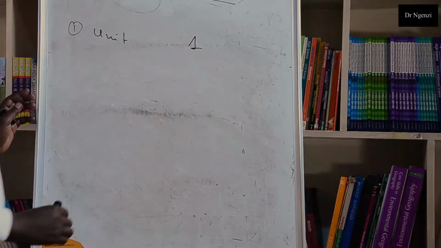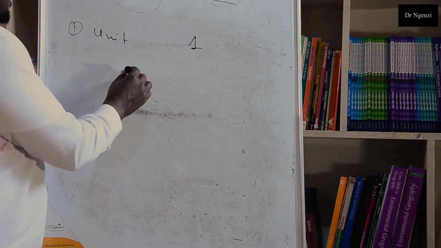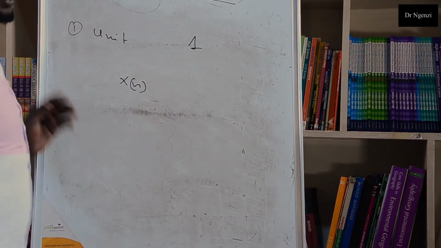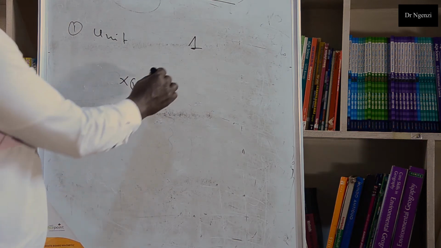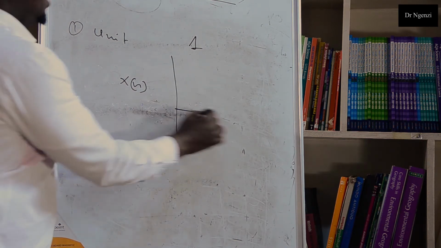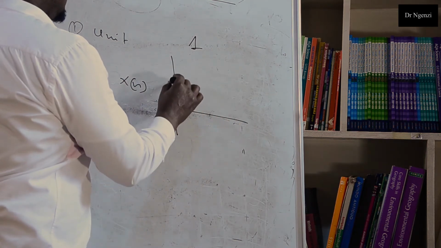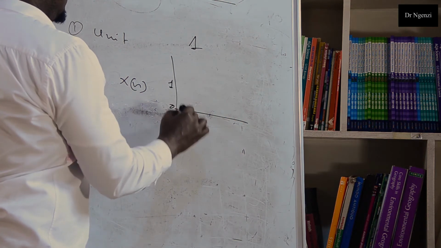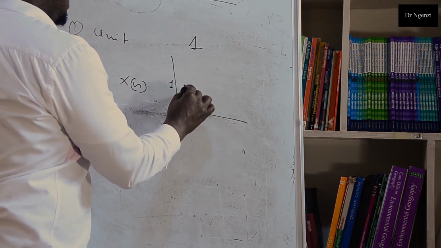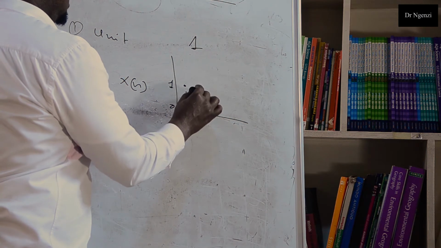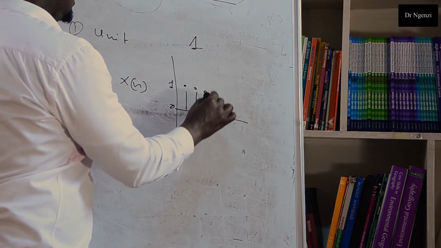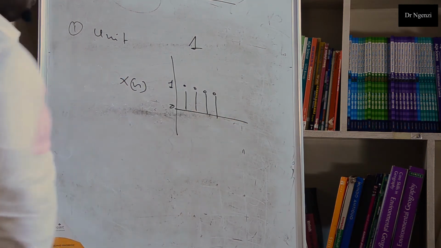So if it is a unit signal, it is all at 1, starting from 0. All the signals are going to be equal to 1, depending on how many signals.